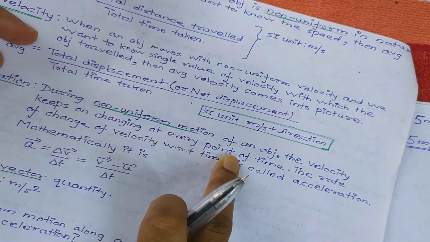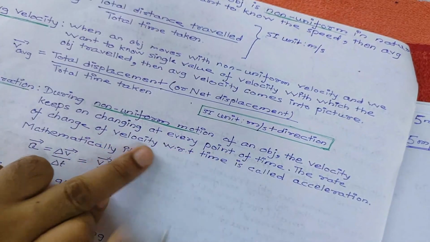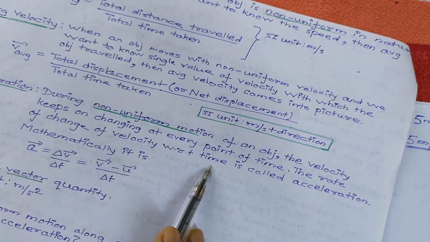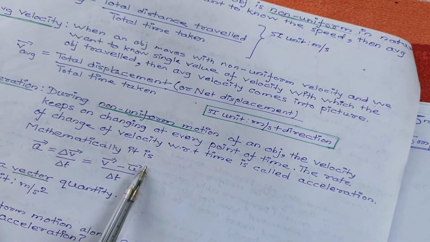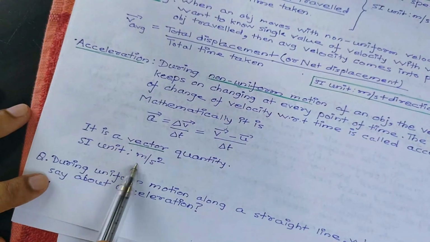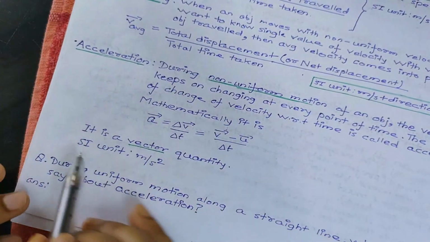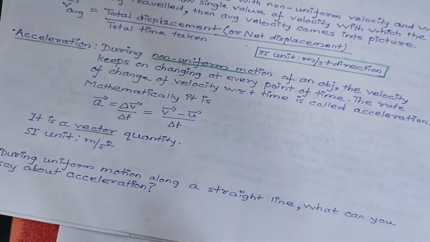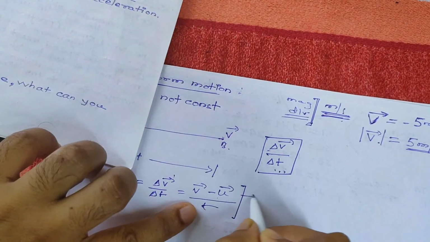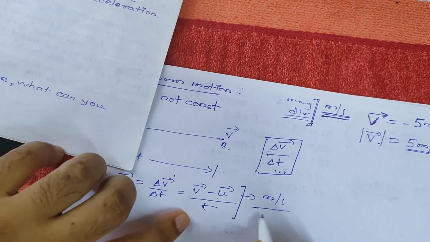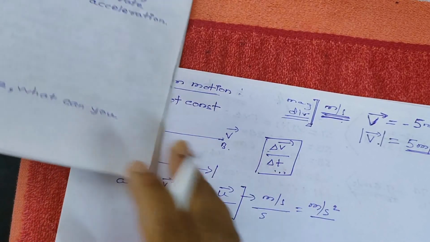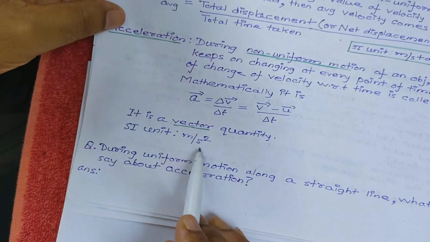During non-uniform motion, the velocity keeps on changing at every point of time. The rate of change of velocity with respect to time is called acceleration. Mathematically it is delta v by delta t, v minus u by t. It is a vector quantity because velocity itself is a vector quantity. SI unit, you don't have to remember this: we know the SI unit of velocity is meter per second, and of time is second, so the SI unit of acceleration is meter per second square.